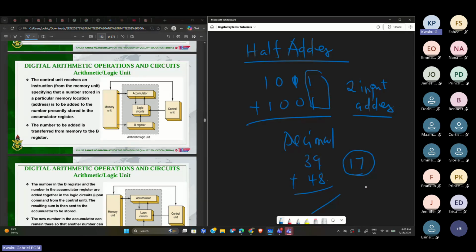You say 1. So you write 1 here. And then what will be your carry? Remainder what? Remainder 7, right? So you carry this 7 to the next stage. And then you leave the 1 here. That's how we do decimal addition. Now it's same as doing binary addition.